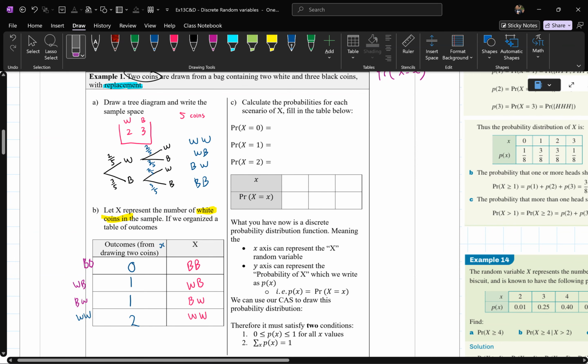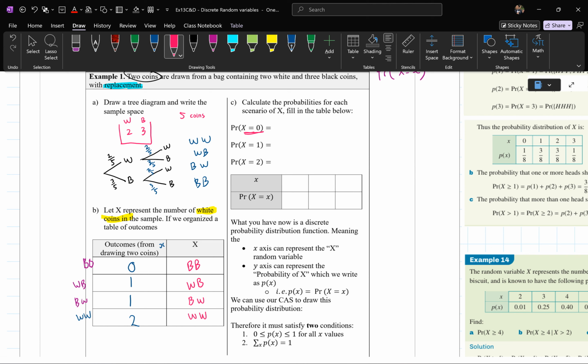If I want to know the chances of X equals 0, meaning the chances of getting 0 whites, 0 whites is the same thing as getting a black on the first go and then black on the second go. So on your tree diagram, you're asking, what's the chance of getting black? That was 3/5. And then you get black again, that's another 3/5. So you're using the multiplication rule.